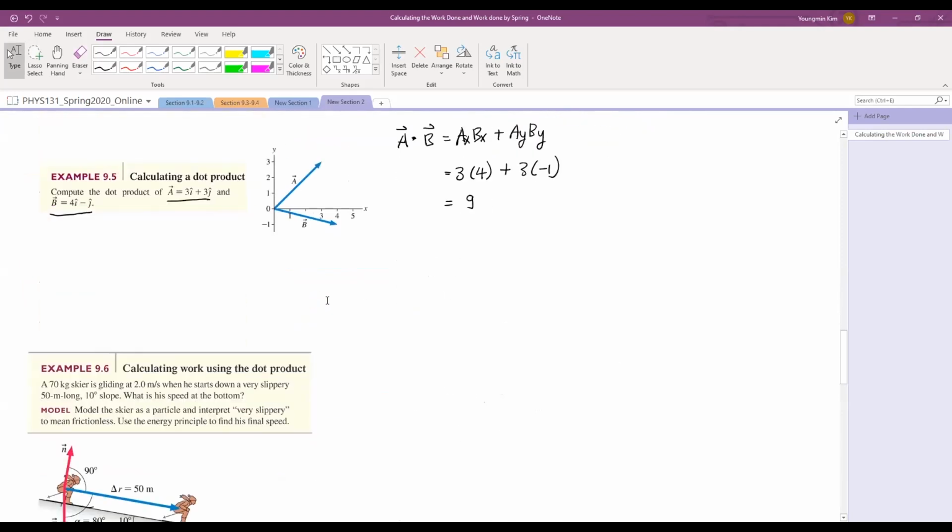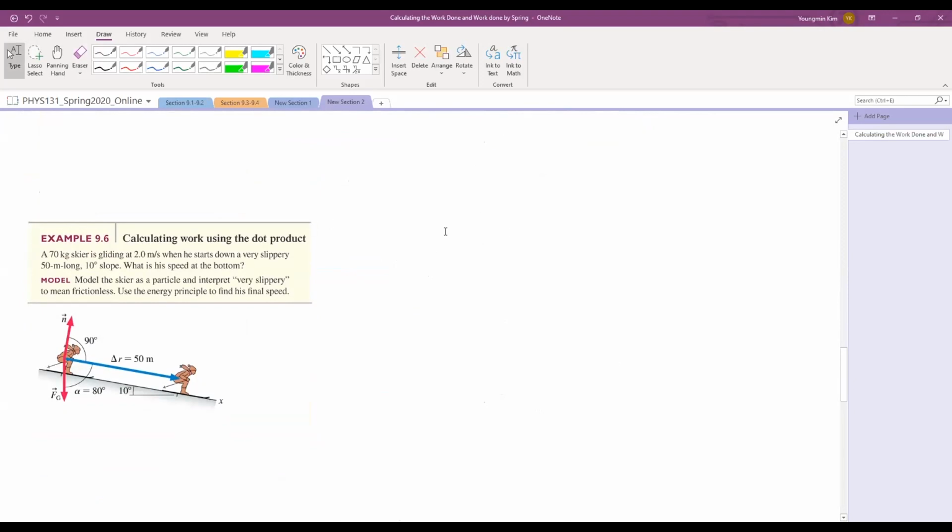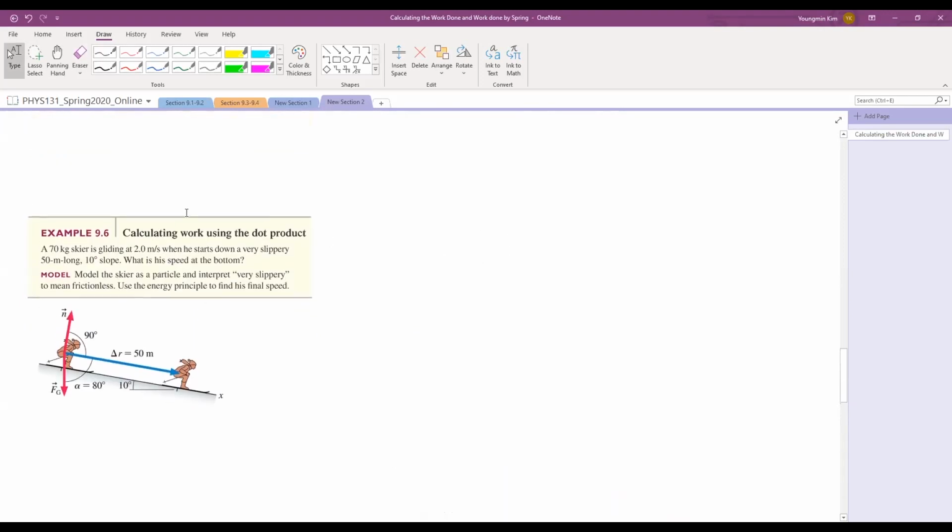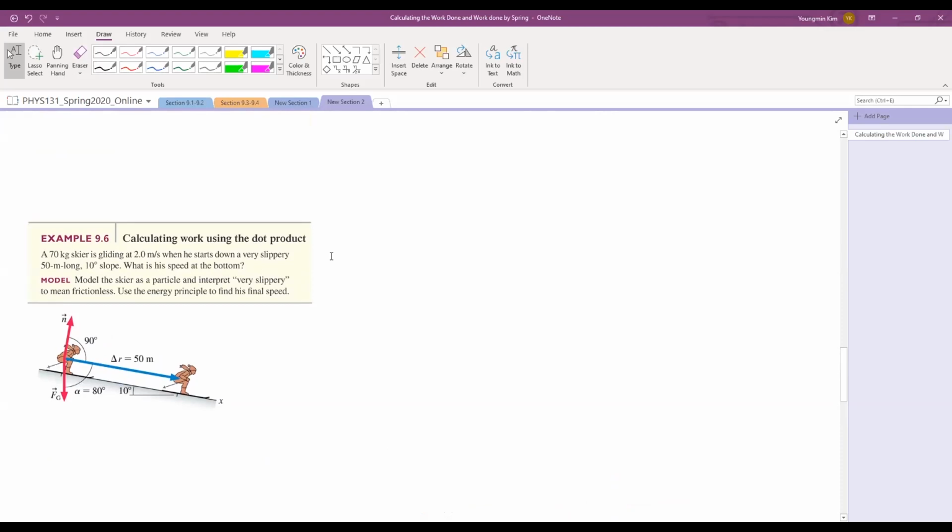Okay, so let's take a look at an actual physical example. In this case, a skier is sliding down a slope that is 10 degrees, and the angle between the force of gravity and the displacement is 80 degrees.